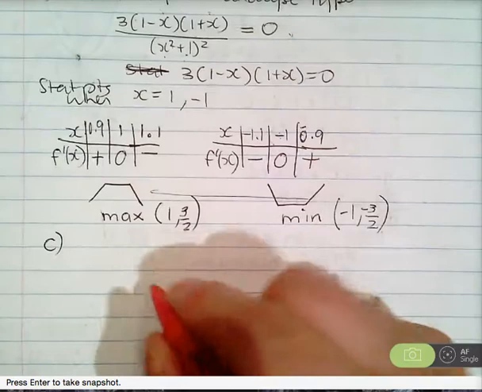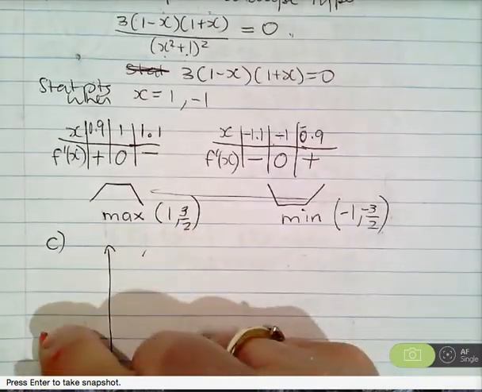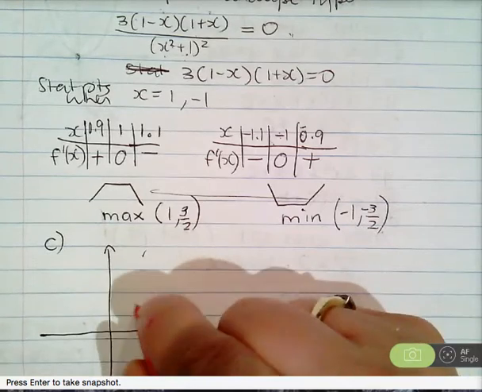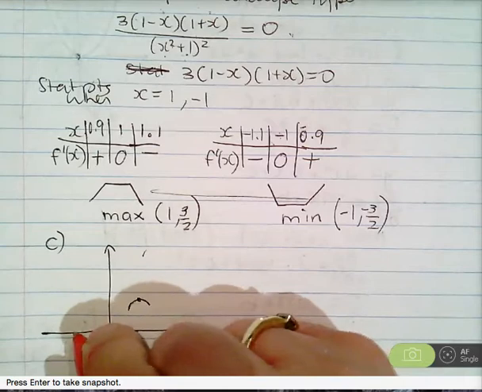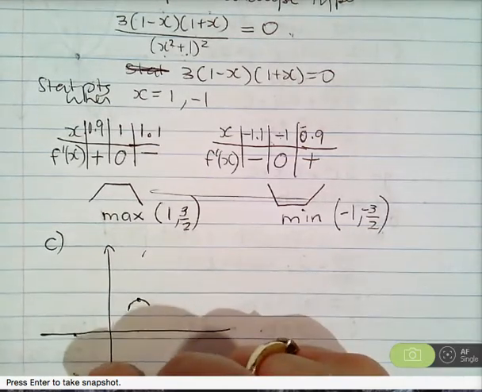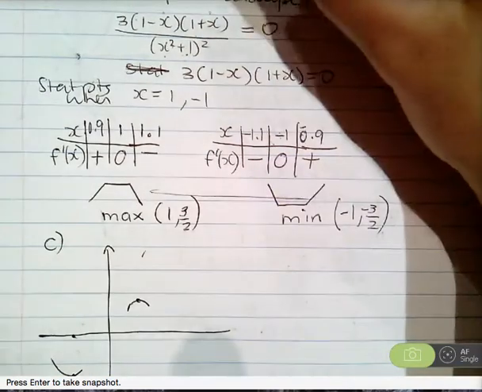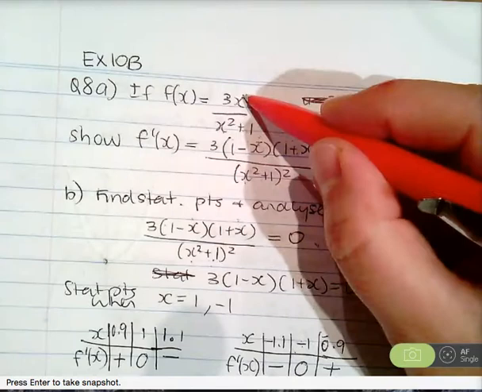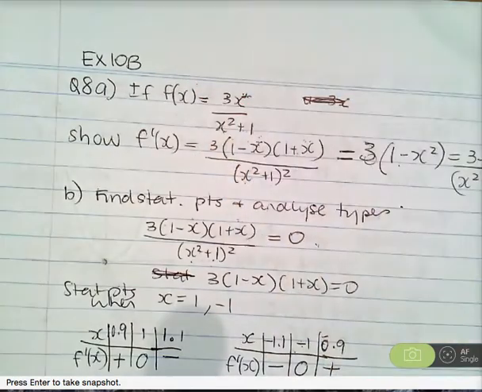So let's have a quick look. A quick sketch for part C. It says to sketch it. Now you've got a maximum at (1, 1.5). You've got a minimum at (negative 1, negative 1.5). It looks like when x is 0, if you look at the original equation, you get 0 over 0 plus 1, so it's 0 over 1, which is 0.